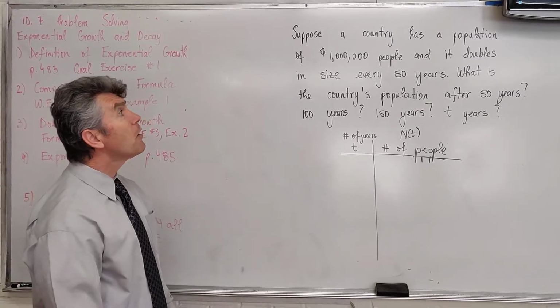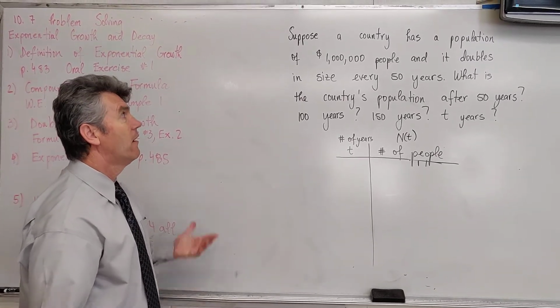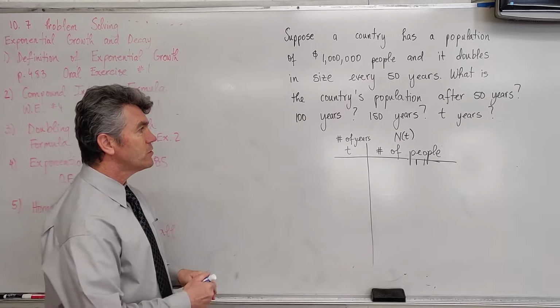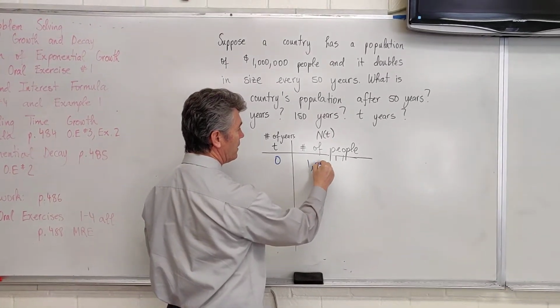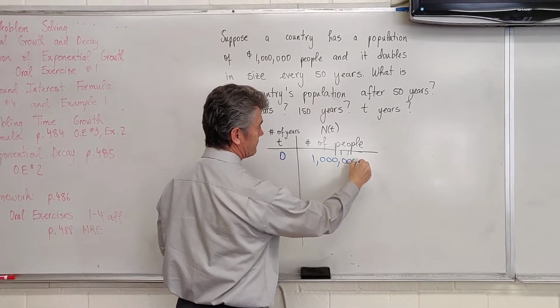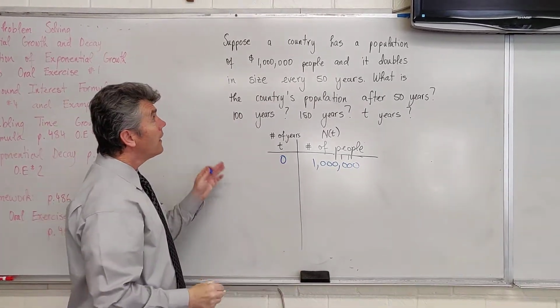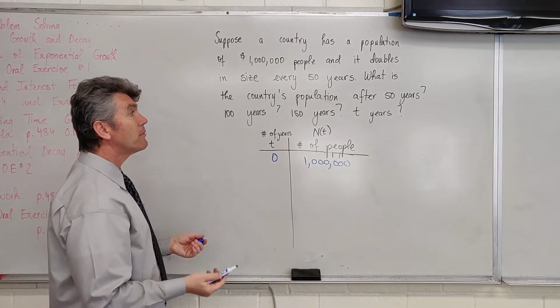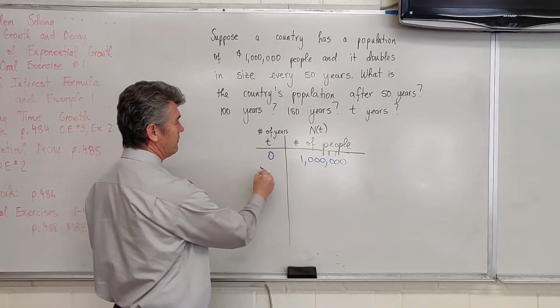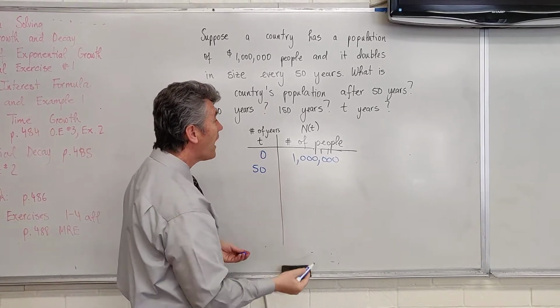We're told, suppose a country has a population of 1 million people. So after 0 years, the number of people is 1 million. And it doubles in size every 50 years. What is the country's population after 50 years? Well, it doubles in size.